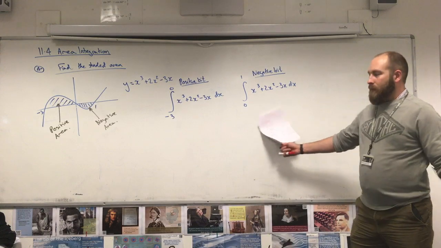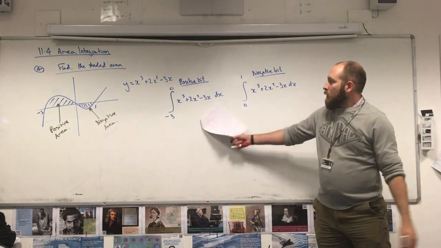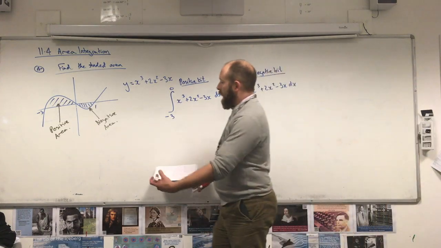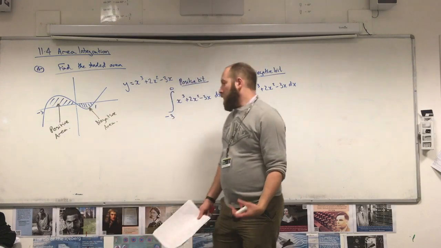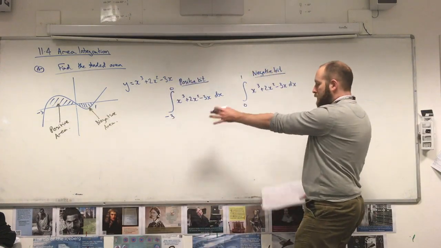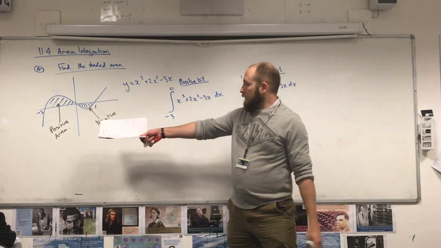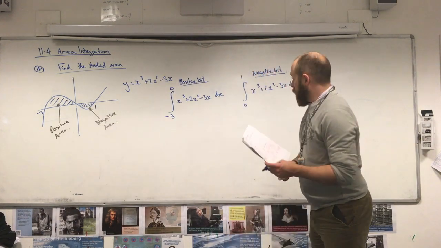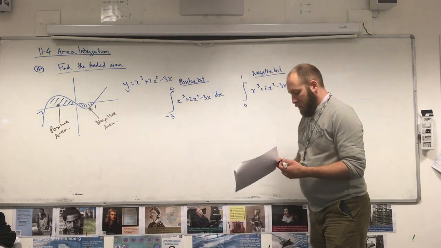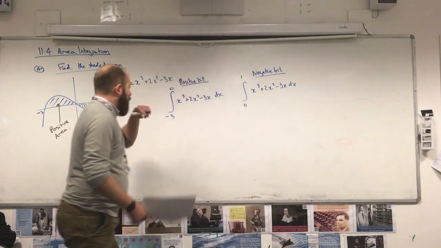Make this one positive, and then we can finally add them together. Be careful, if you let your calculator do this from -3 to 1, it would give you the wrong answer. You have to split this up into two regions, because one bit's positive, one bit's negative. So if you want to try this, go for it. I'll work the way through it now as well though.